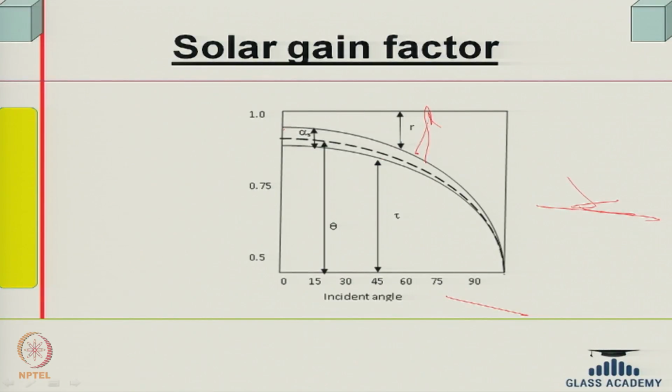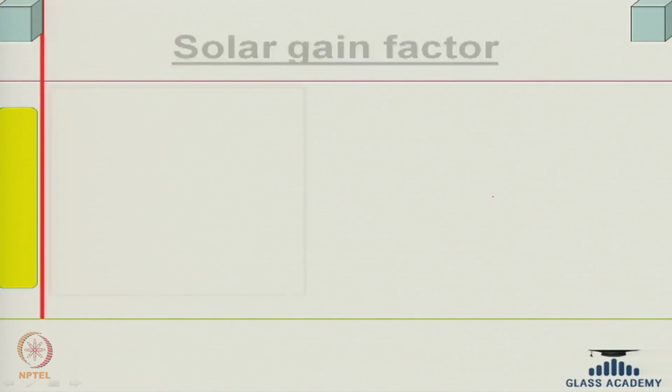So, you can say part of it is reflected, part of it is absorbed, and part is transmitted, but a part of what is absorbed is also transmitted inside. So, this alpha S and the dotted line show the solar gain factor, as we have discussed a little bit earlier.